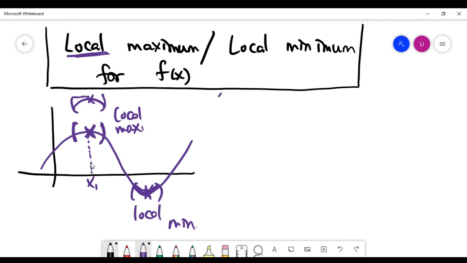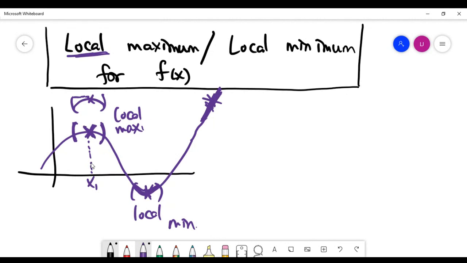Because you see, if this line is actually like this, and you see all these points, we cannot say they are local maximum because they are really not the highest value you can achieve in any local neighborhood. But all these points have achieved a higher value than this local maximum.